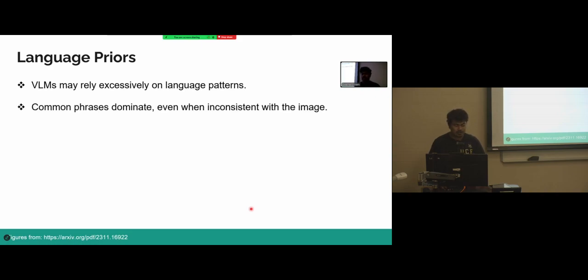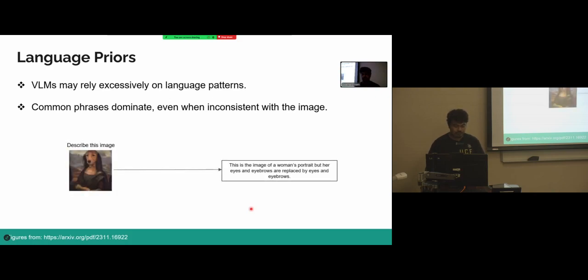Also, common phrases might dominate the output, which we don't want in a visual language model, because we want the output to be consistent with the image. If you look at this image and we provide it to a model, it might say, this is the image of a woman's portrait, but her eyes and eyebrows are replaced by eyes and eyebrows. That makes no semantic meaning, but it seems to be correct, but we know that it makes no sense.